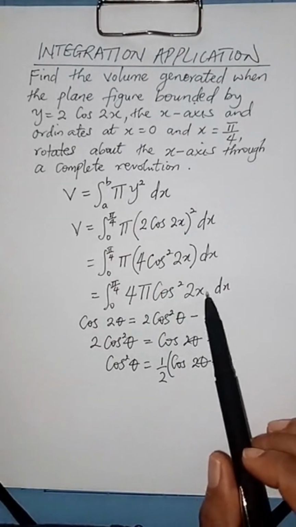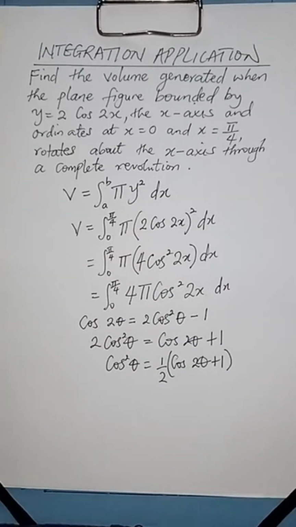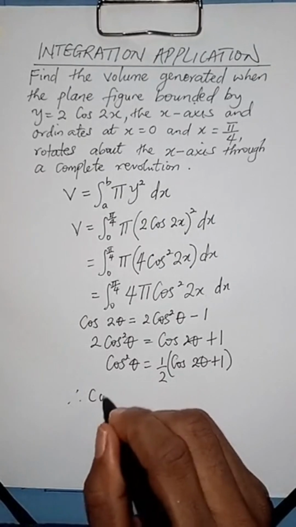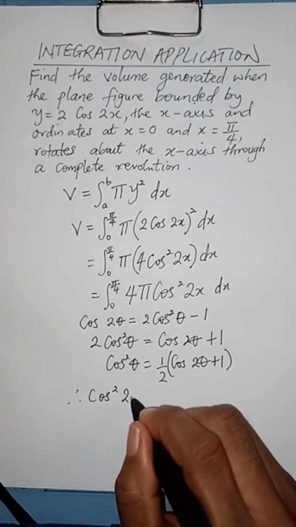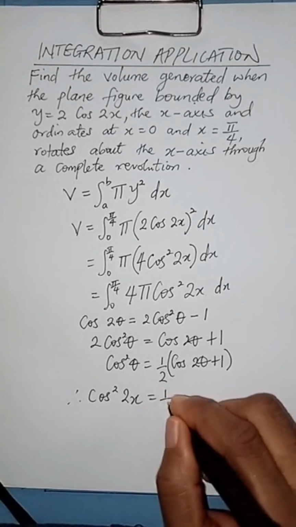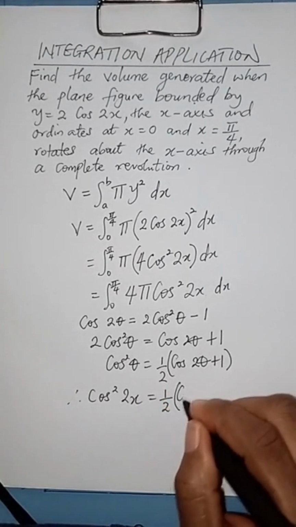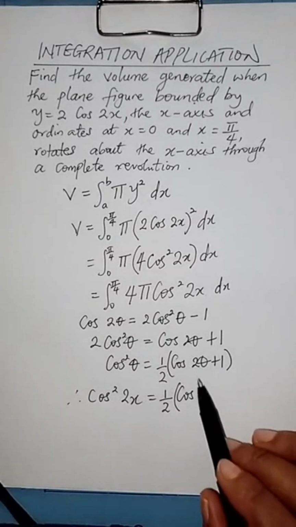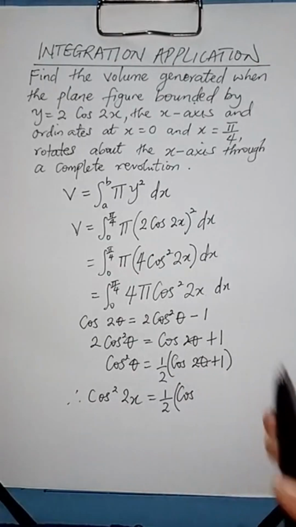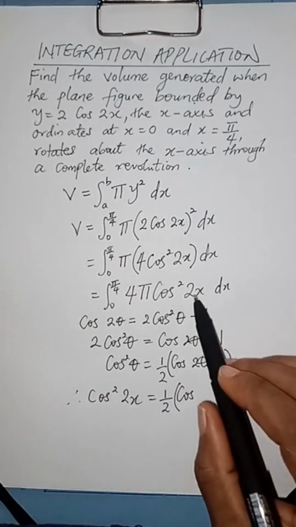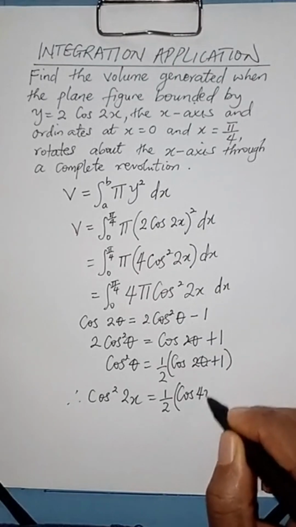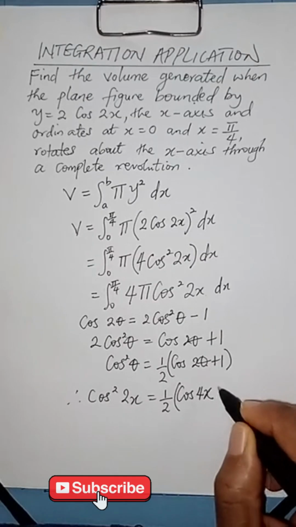Now remember, you have 2x in place of theta. So therefore, cos squared 2x, which is what I am looking for, will be 1 divided by 2 times cos, and now instead of 2 theta, because of this 2 here, this 2x is going to be 4x, plus 1.